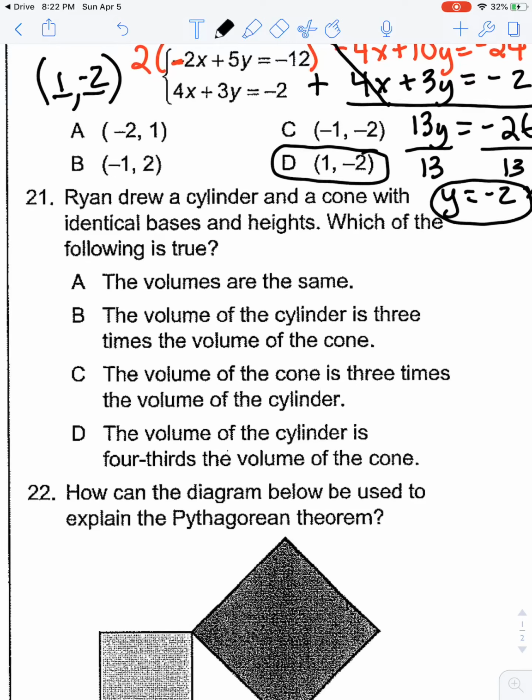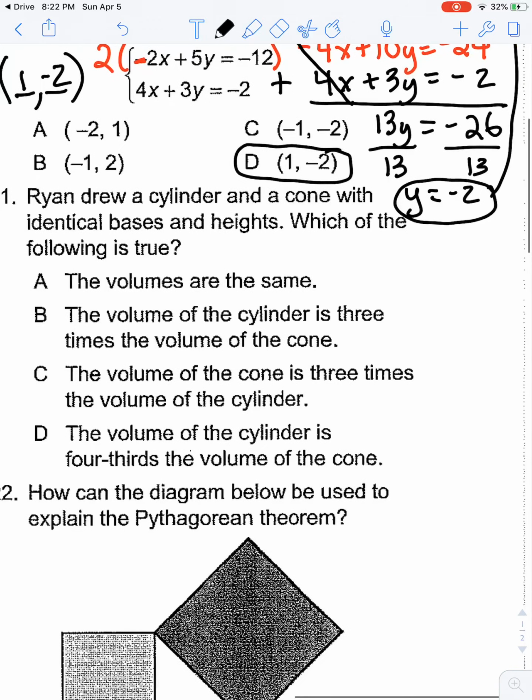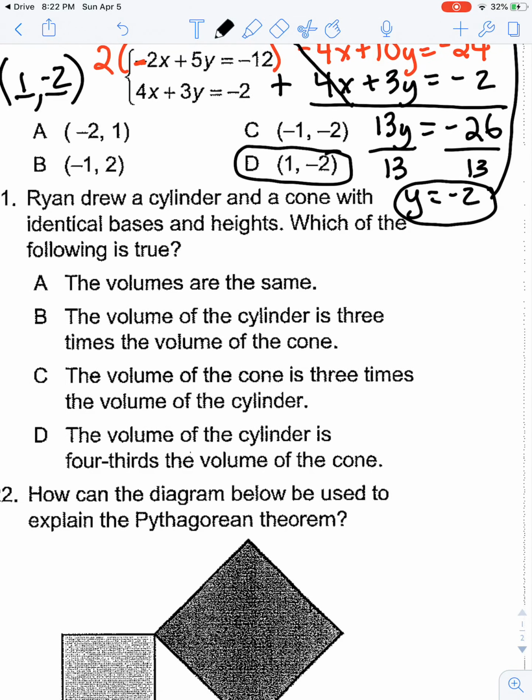All right, looking at number 21, Ryan drew a cylinder and a cone with identical bases and heights. Which of the following is true? Okay, well, first of all, we have not gotten to this yet, but we did work on it in the spiral review in the mornings. So remember, if you've got a cone and a cylinder that are the same height, and let's see, you've got the same radius here.